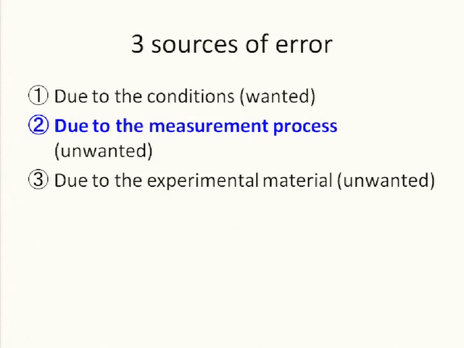That's what we wanted. Then there's the measurement process. There could also be errors due to that. If we couldn't read your writing too well, or if people didn't understand the question, those are measurement errors that we don't want, the unwanted ones.